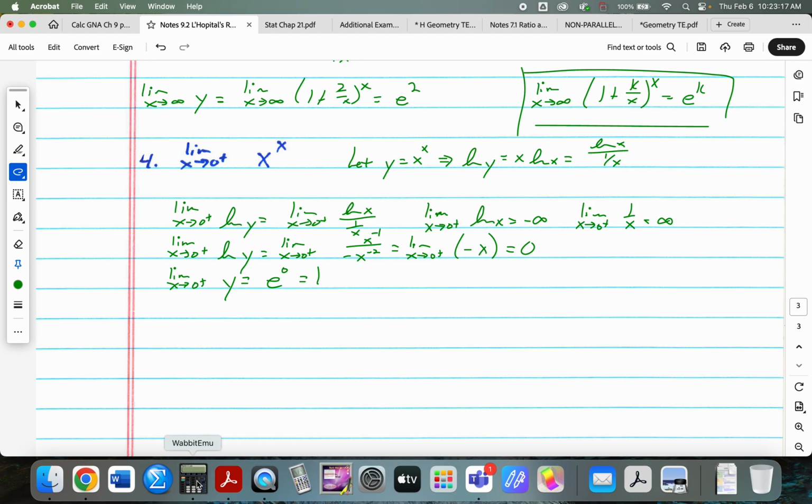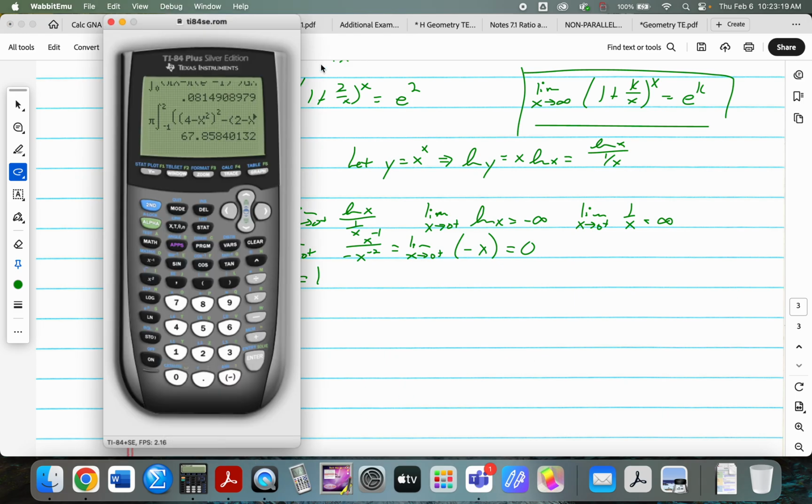And if we graph that, y equals x to the x. So I have x raised to the x power. Notice it doesn't even exist over here.